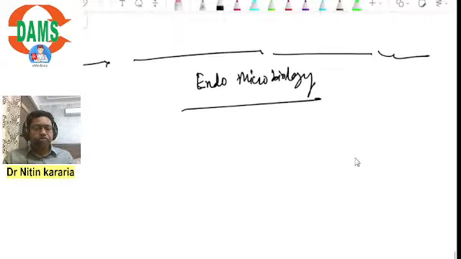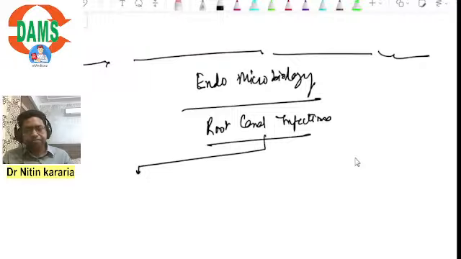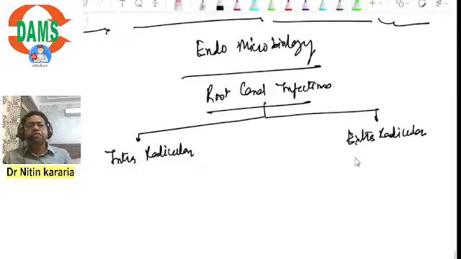In endomicrobiology, you have to remember that root canal infections can be of two types: intraradicular and extraradicular. As the name indicates, from inside the root or from outside the root.